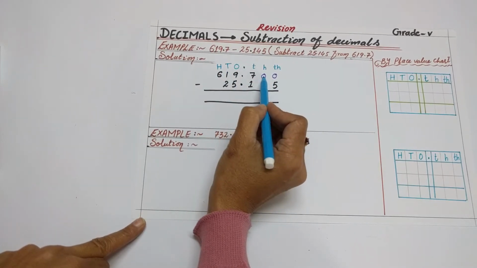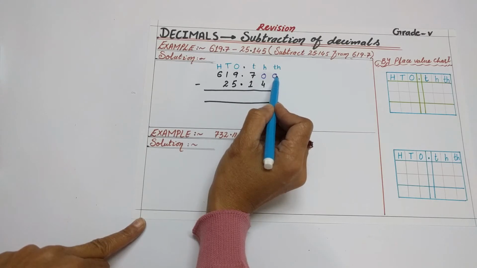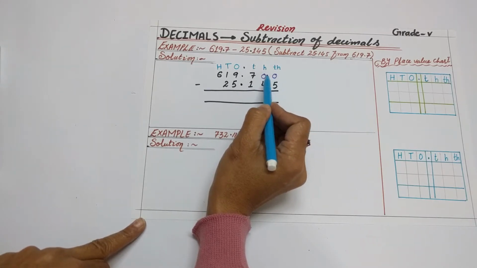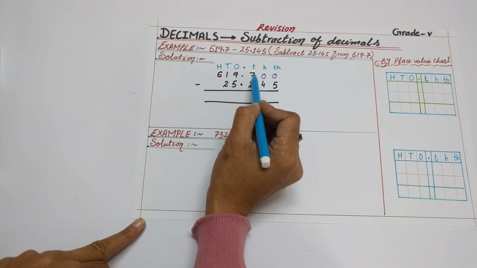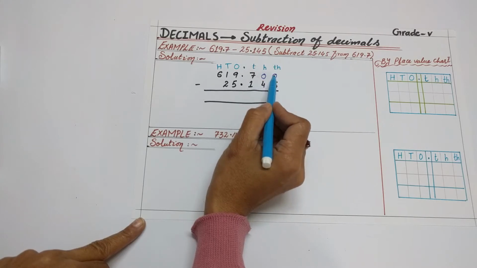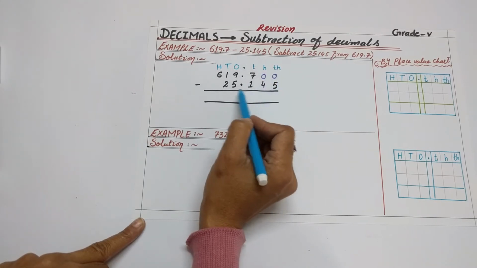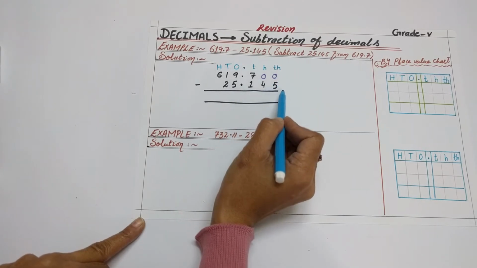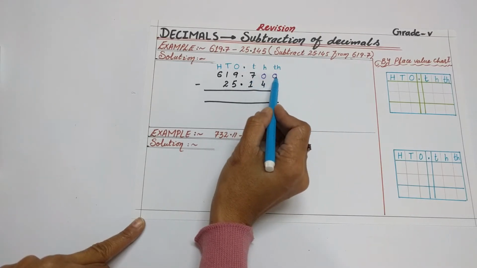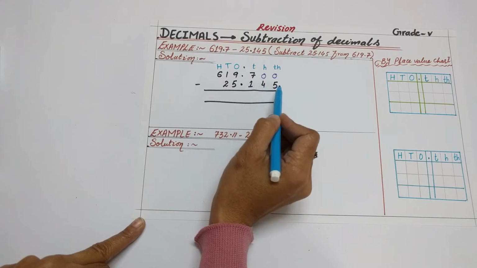Our hundredths place and thousandths place are missing, that's why we are using 0. In the first number 619.7, we have 7 tenths, 0 hundredths and 0 thousandths. And in the second number we have 25.145. Now this one is the like decimal: 1, 2, 3, 3 decimal places; 1, 2, 3, 3 decimal places.